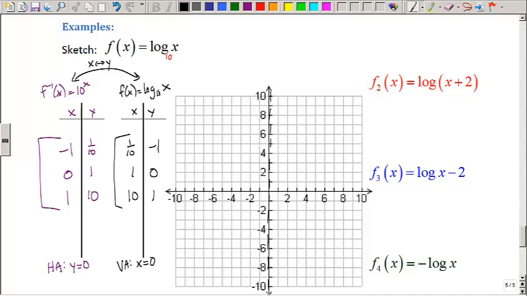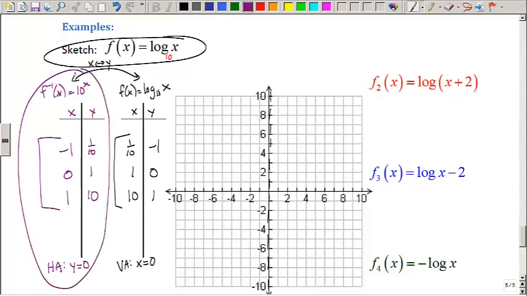Now, when I'm trying to answer this question, what was being asked? I was asked to sketch log x. I was not asked to sketch its inverse 10 to the x. So all of this purple information that I have over here was helpful only to get the points for the log. So I'm not actually going to graph the exponential 10 to the x.